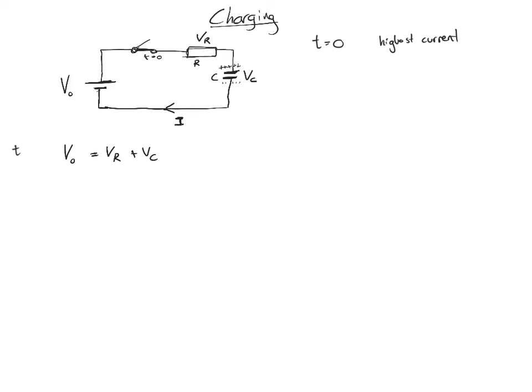Hence, once the capacitor is fully charged after a certain time, the current will reach 0. So in this setup about charging the capacitors, the current decreases from a maximum value to 0 when the capacitor is fully charged.